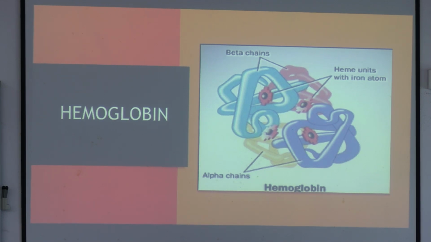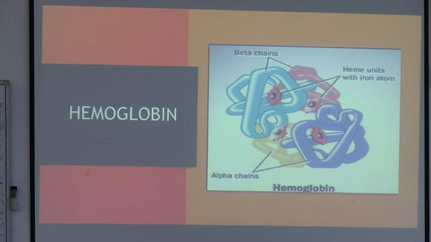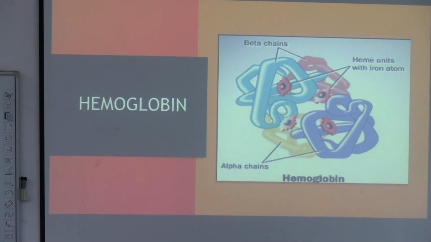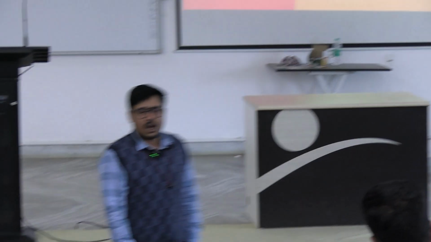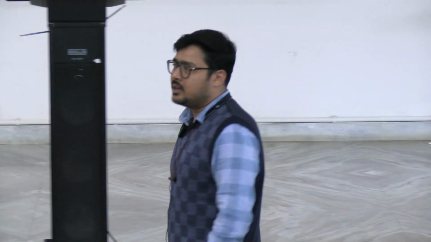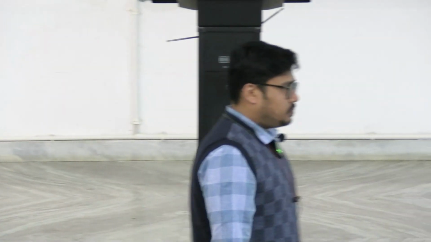So heme is attached with globin, and the globin is composed of a tetrameric structure, generally 2 alpha chains and 2 beta chains, alpha 2 and beta 2. This is the normal hemoglobin, hemoglobin A, or A0.